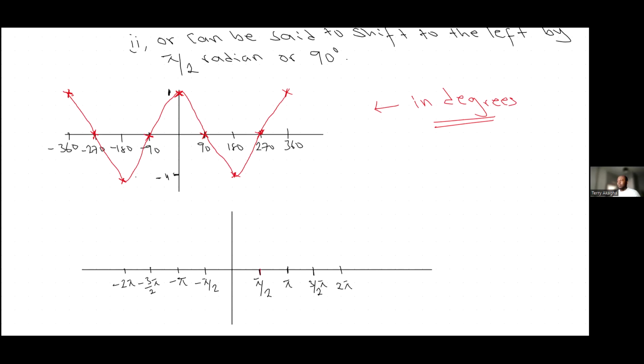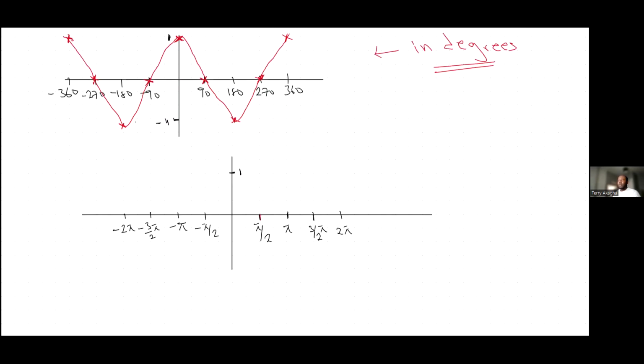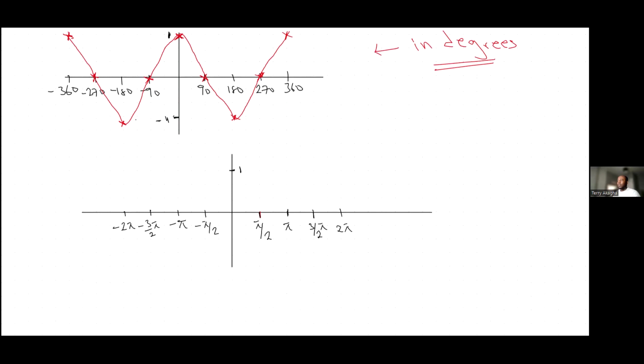All right. So the maximum number you get here is 1. And the minimum number you can get here is minus 1. Or let me take it a bit higher, so put the maximum number here, somewhere here, 1, okay? And the minimum number you get is minus 1, okay?